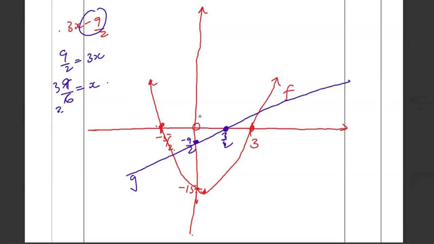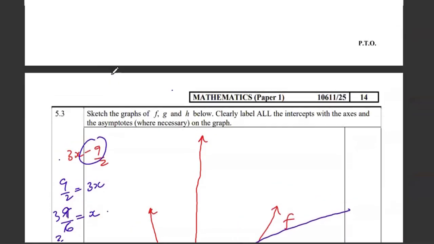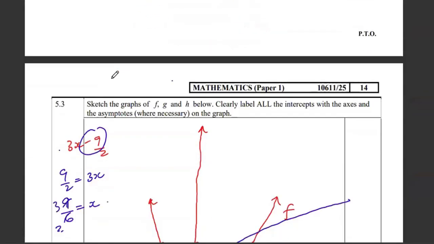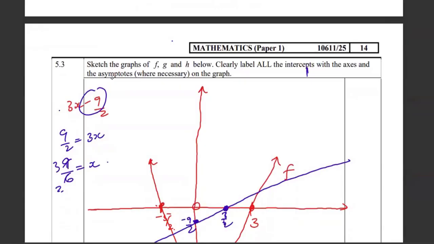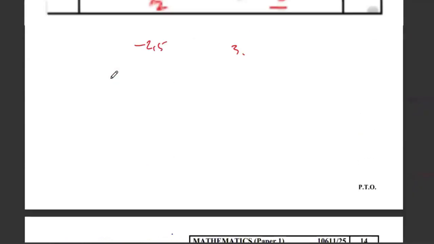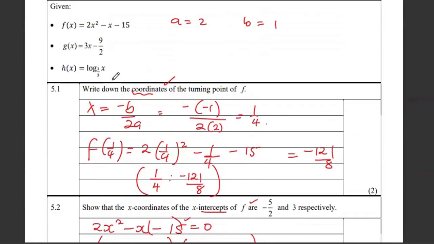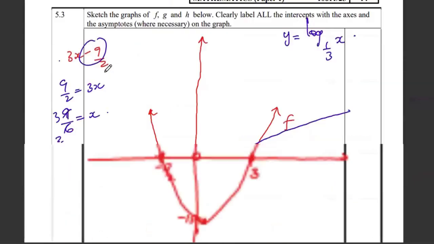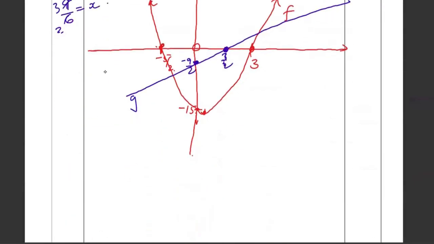This is g. And then h, which is the log equation, we have the log of 1 over 3x. You can play around with it. What I'm seeing is that if I'm to plot this graph properly, 1 should be somewhere here at a point of 1.